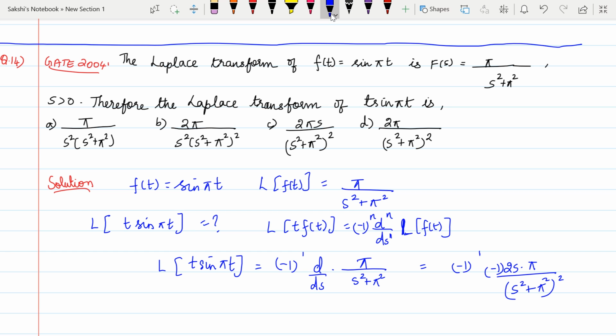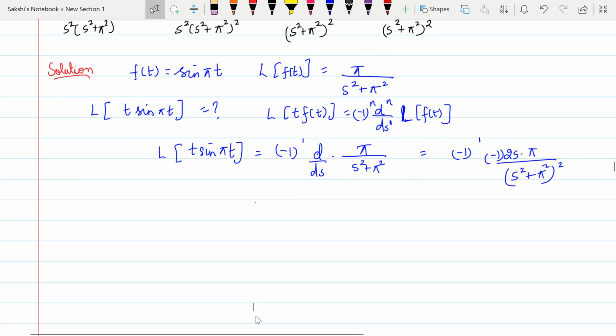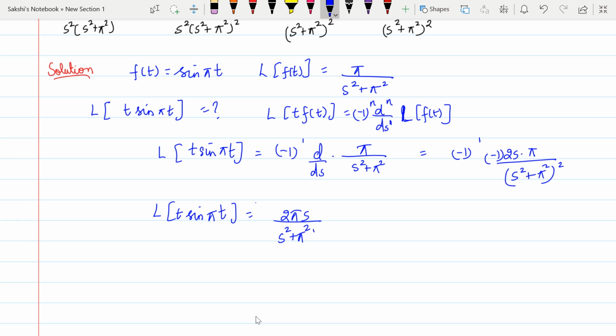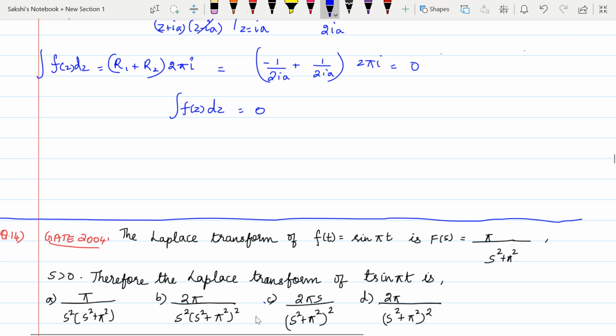Okay, so when you take the whole denominator, because it's in plus, you have to write it like this. Therefore, L of t sine pi t will be equal to 2 pi s divided by (s square plus pi square) the whole square, which is equal to option C.